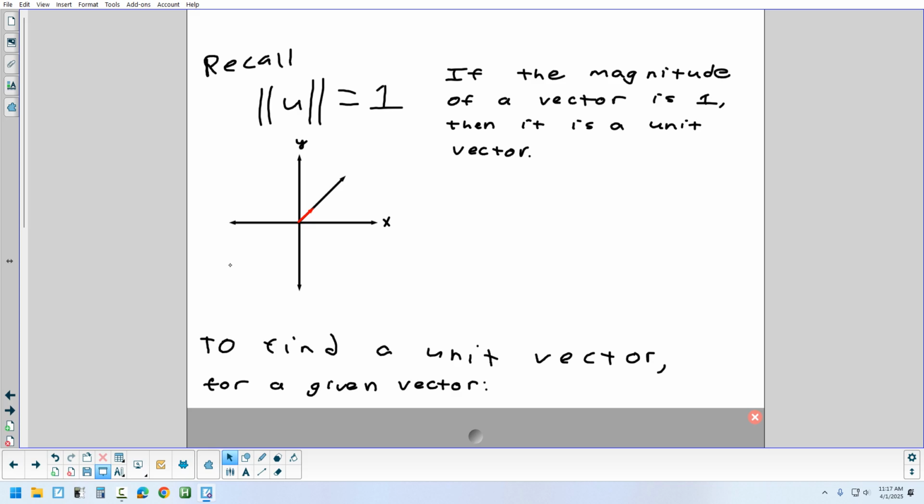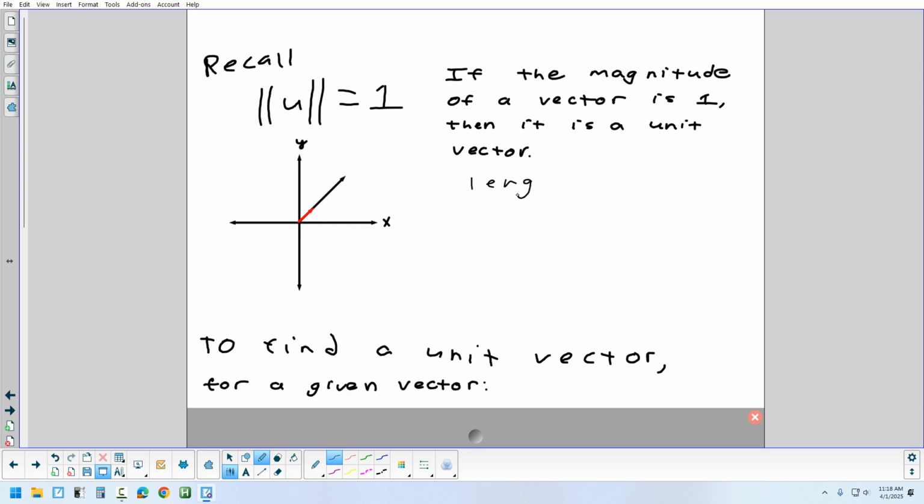Does anybody know in general what you could always scale a vector by and its length would turn into 1 unit? Itself? So if it was 5 units long, scale it by 5? Well, that would make it 25. Yeah, it's the reciprocal. I did a few examples in the last class.